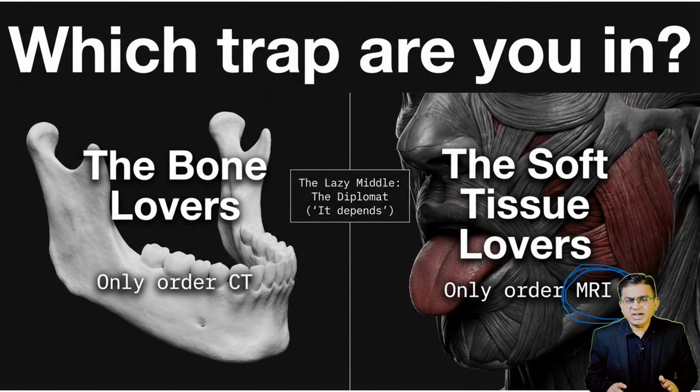You want to scream, I want MRI. Why? Because you memorized the phrase superior soft tissue resolution on page 1 of any textbook, right? Some of you belong to the bone lovers fan club. You want to shout CT scan. Why? Because you are terrified of missing cortical erosions.